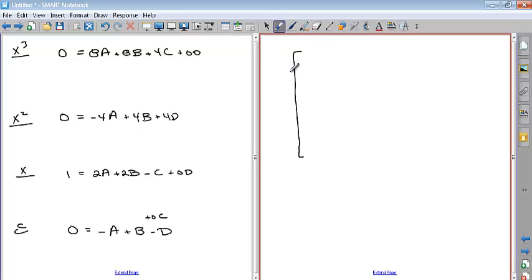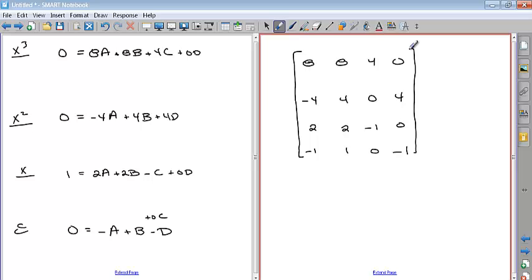I'm going to put the coefficients associated with each one of those. 8 goes with A, 8 goes with B, 4 goes with C, 0 goes with D. In the second equation, you're going to have negative 4 for A, 4 for B, 0 for C, 4 for D. The third one, you're going to have 2 for A, 2 for B, negative 1 for C, 0 for D. And then the last equation, you're going to have negative 1, 1, 0, negative 1. So there's negative 1a plus 1b, 0c, negative 1d.